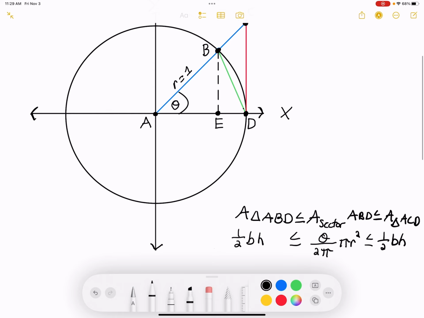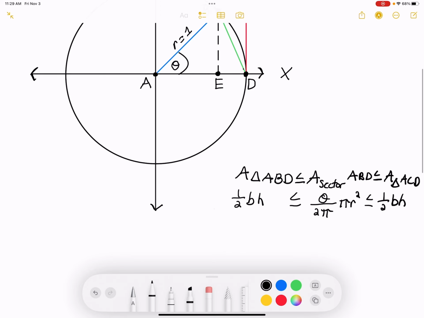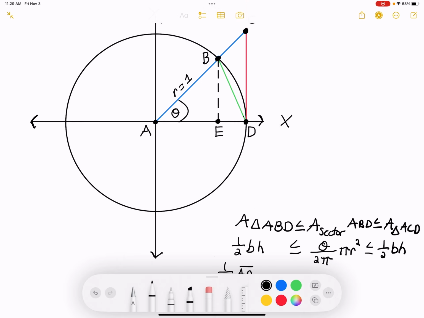Okay, so for our first circle, ABD, let's fill in these formulas. Let's fill in these variables. Triangle ABD, the base of triangle ABD is the line AD. And the height of triangle ABD is the line BE.